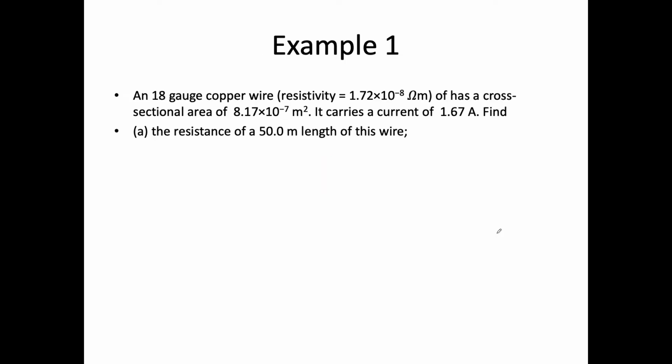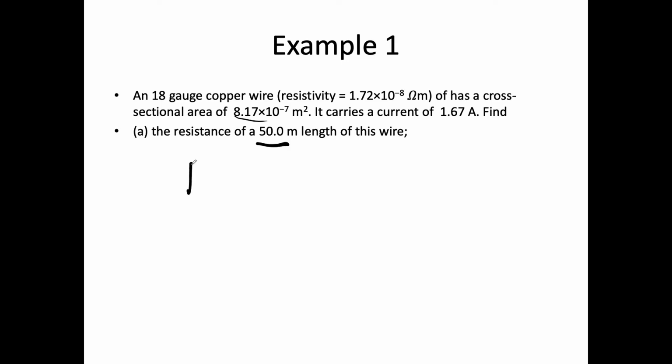So for our first example, we have a copper wire, and we know the resistivity of copper is 1.72 times 10 to the negative 8. And we know the cross-section and the length. We want to find out the resistance of this wire.